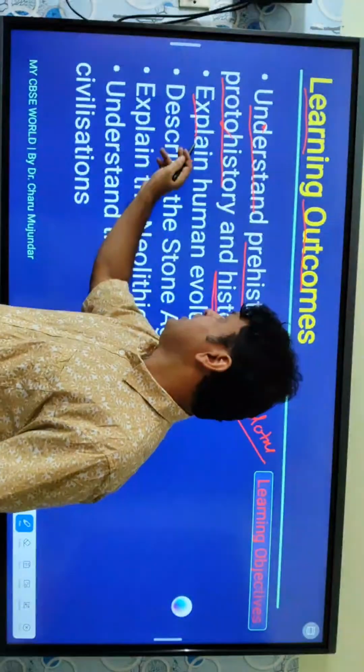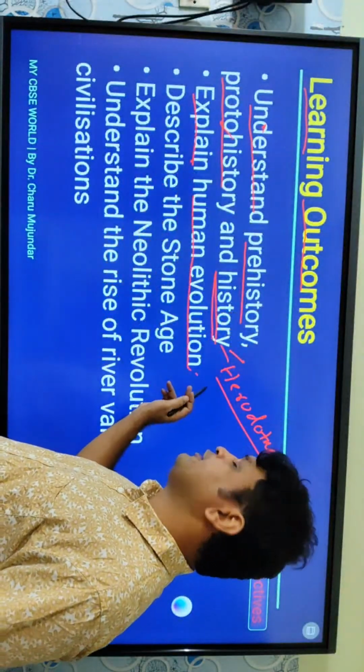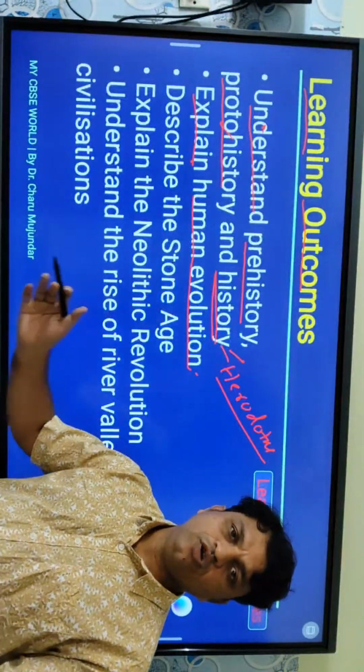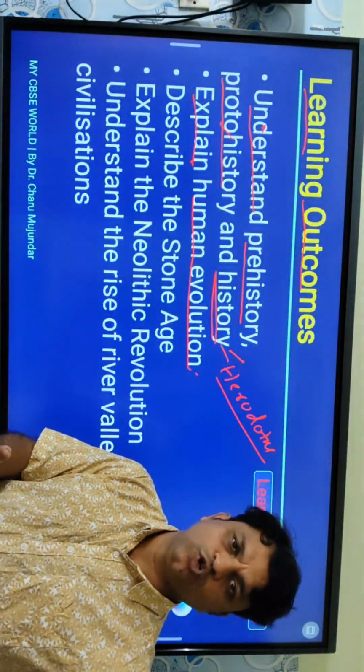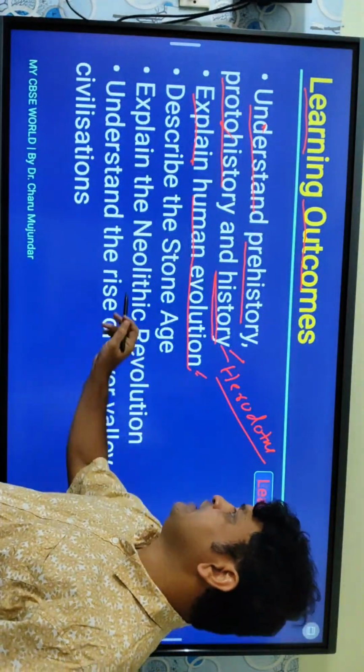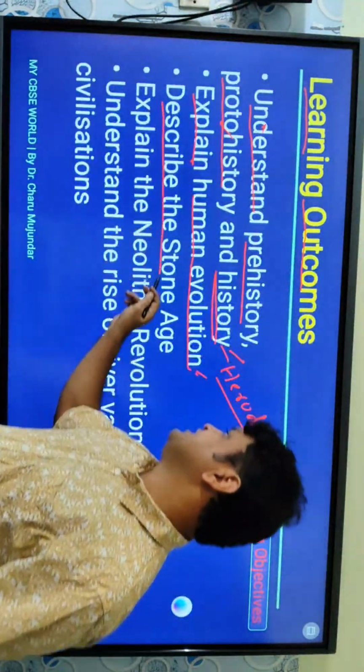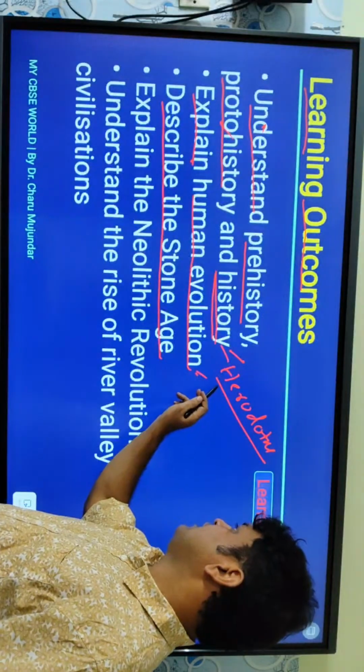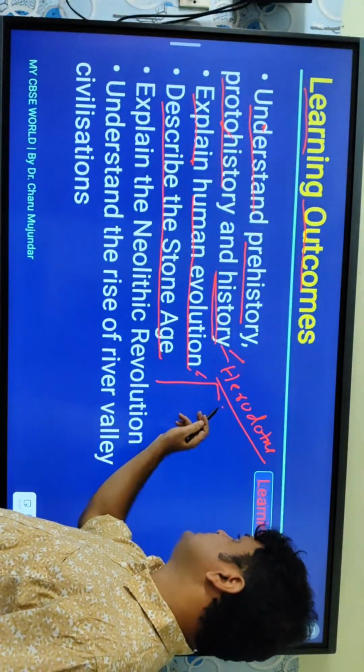Then the second objective: explain human evolution. I told you in the previous slide how humans evolved from Homo habilis to Homo sapiens sapiens. Next, describe the Stone Ages. How many stone ages were there? The first one is the Palaeolithic age.